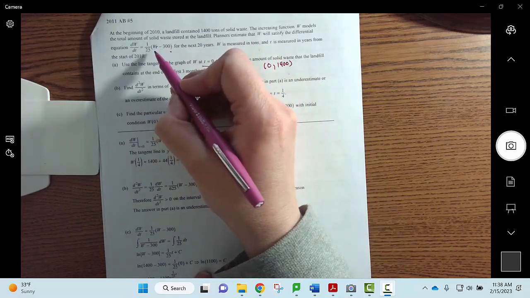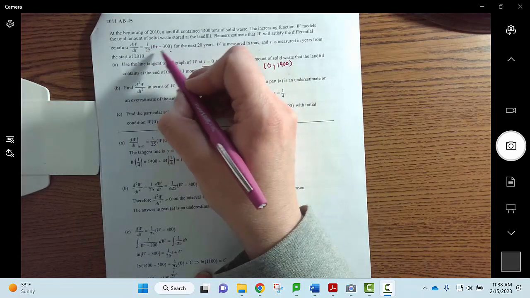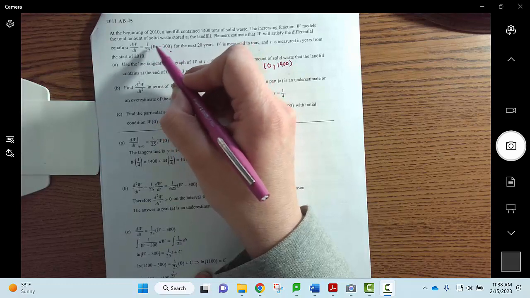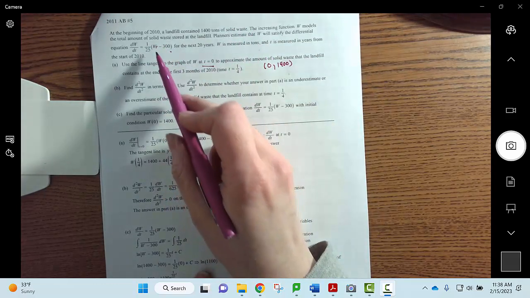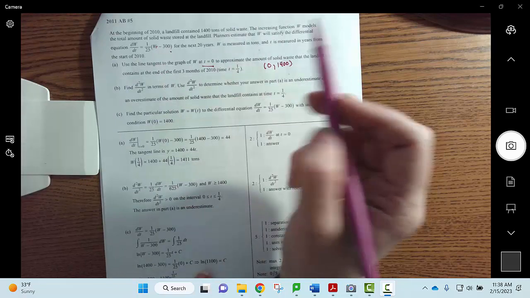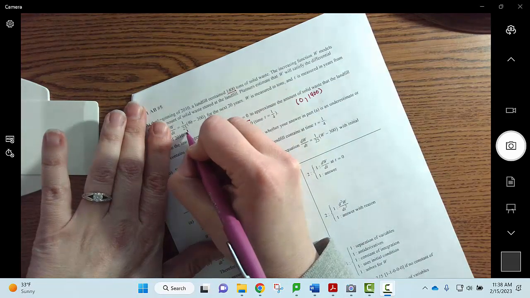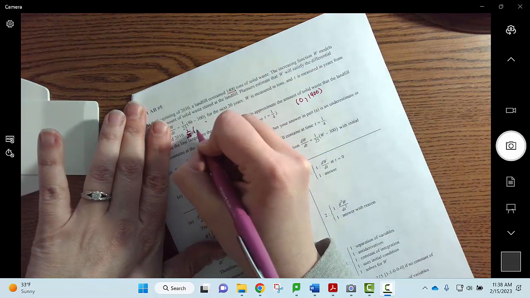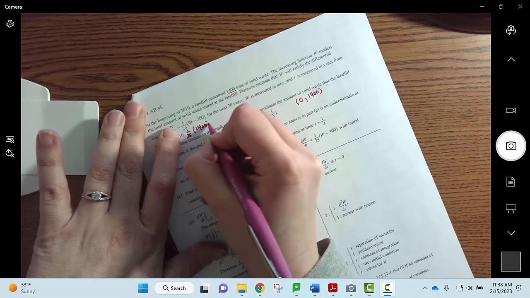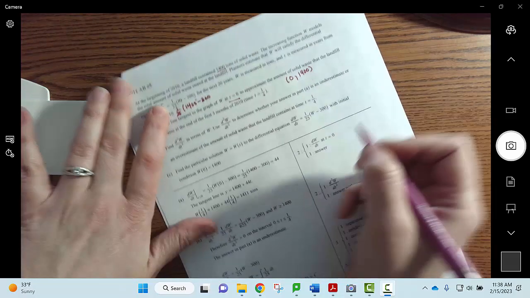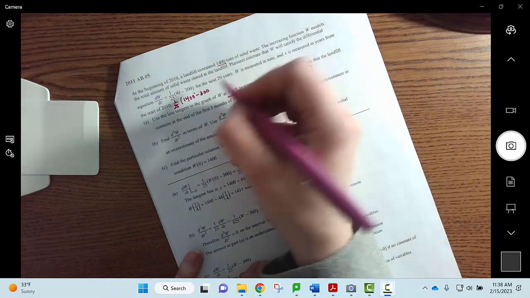The other strange thing here is that, again, t is 0, but when I'm looking at my derivative to find my slope, then I need W, not t. So again, W of 0 is this 1,400. So I would have to go 1/25 times 1,400 minus 300.